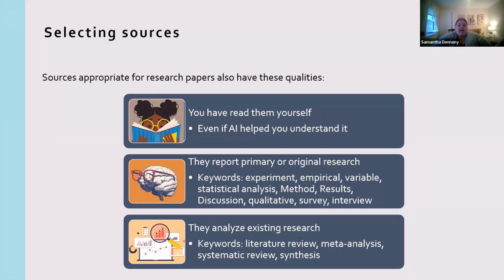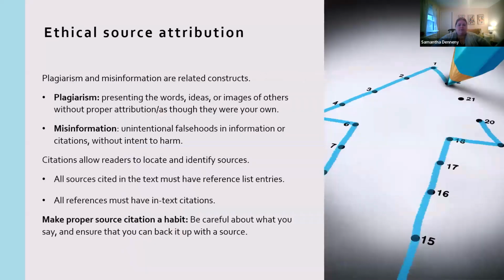Another kind of source that a student might be interested in is a source that analyzes existing research. So keywords here include literature review, meta-analysis, systematic review, and synthesis. And these words are often in the title of articles.